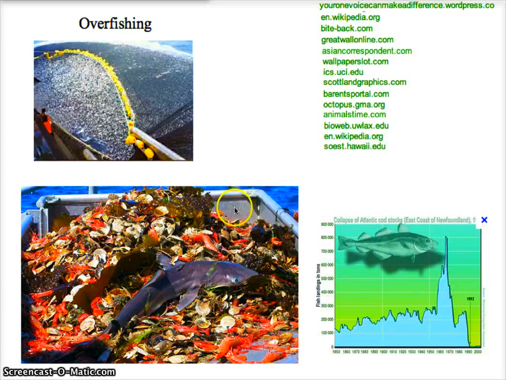There's no telling what other kind of animals there are in there. This is called the bycatch. The bycatch is what fishermen catch by accident. They didn't mean to. It's estimated that fishermen have to throw away up to 30% of what they catch whenever they use these huge nets like this.